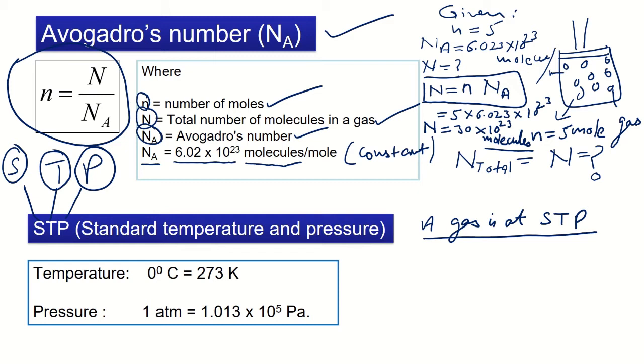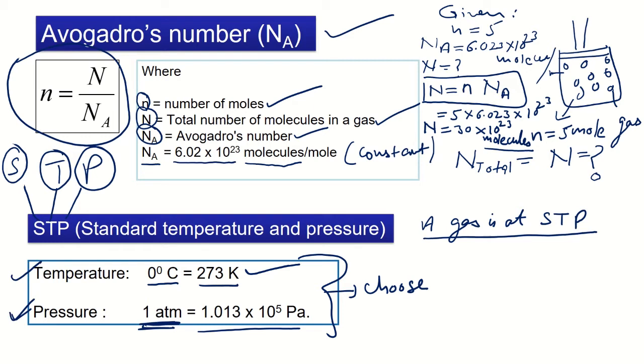So when we say the gas is at STP, you have to take the temperature of the gas as 0 degree centigrade or 273 Kelvin, and the pressure of the gas as 1 atmosphere. 1 atmosphere is equal to 1.013 multiplied by 10 to the power 5 Pascal. These values of the temperature and the pressure you have to choose for the gas.